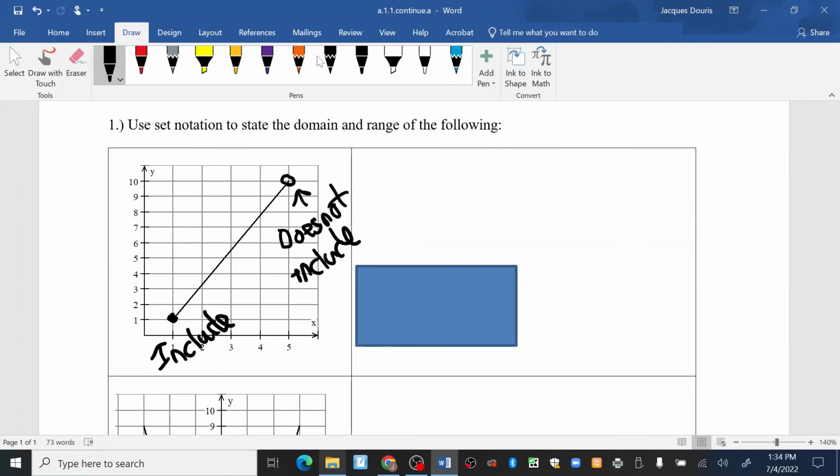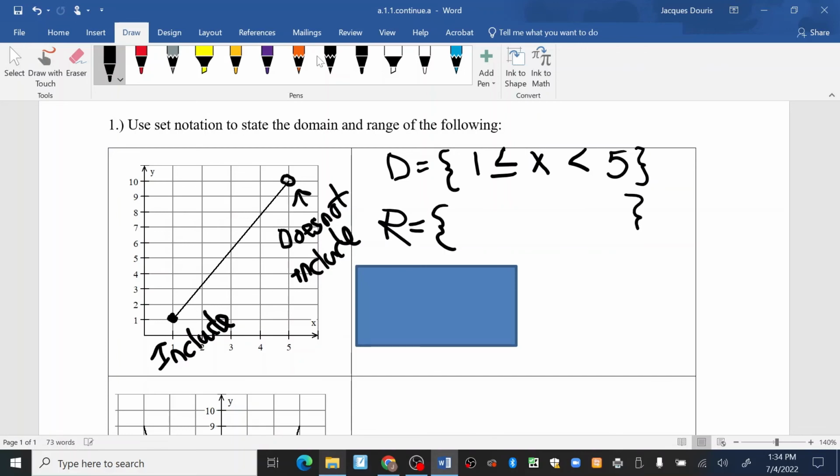Now, how does that change our domain? Our lowest x value is a 1. Our highest x value is a 5, but it doesn't include the 5, remember? So I say 1 is less than or equal to x, and x is less than 5, because it doesn't include 5. My range: my lowest y value is a 1.